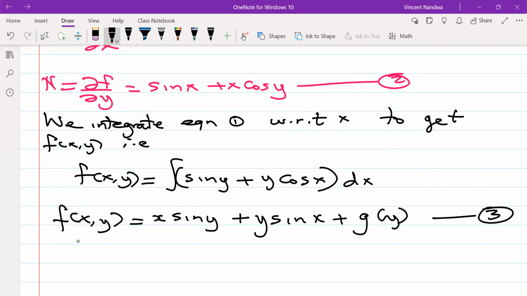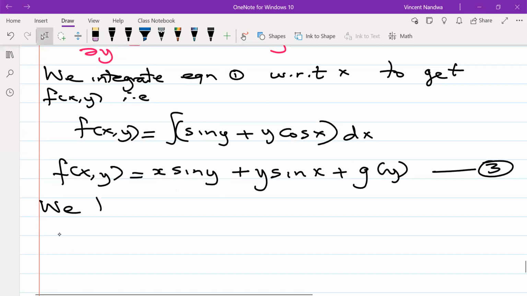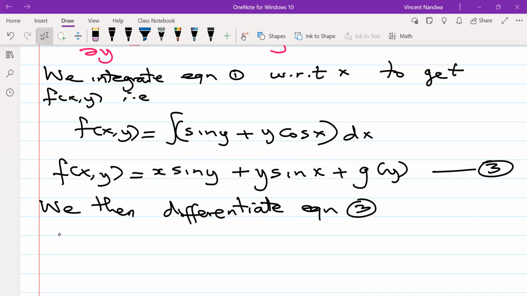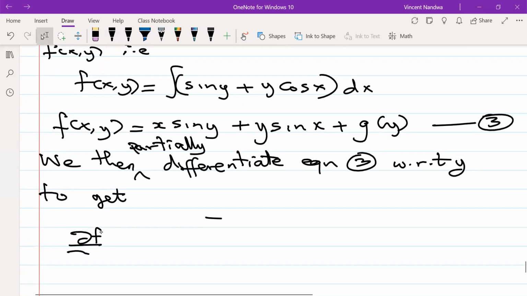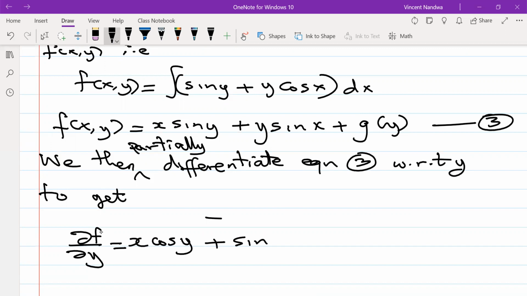Now we differentiate 3 partially with respect to y to get partial f partial y equals to, so when we differentiate with respect to y, we get x cosine of y, and then this will give us plus sine of x, and then plus g prime of y.